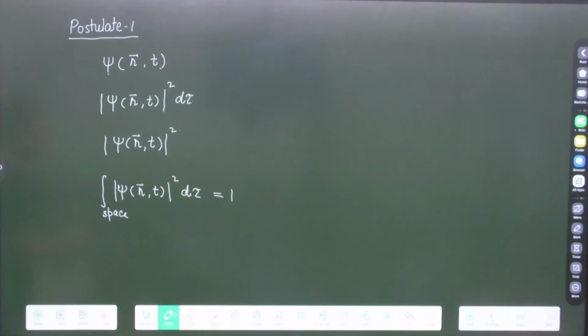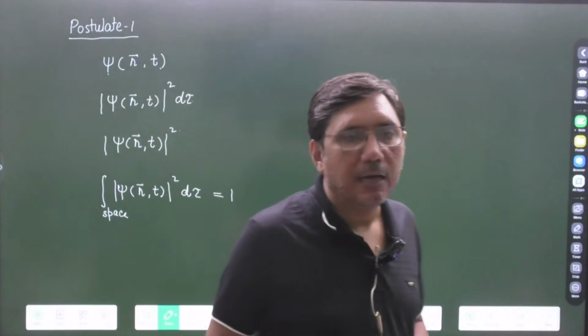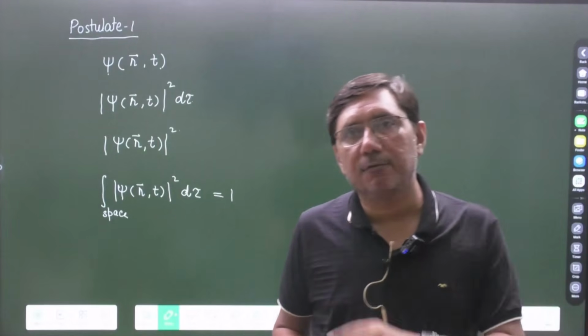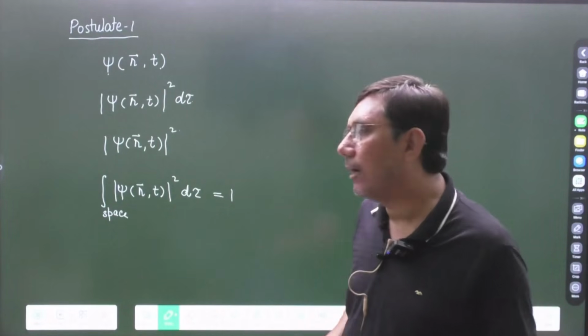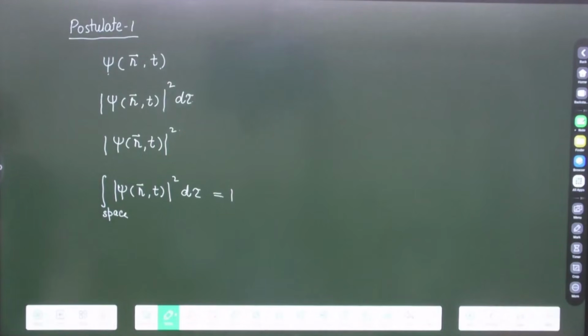And the wave functions satisfying this condition are called normalized wave functions.